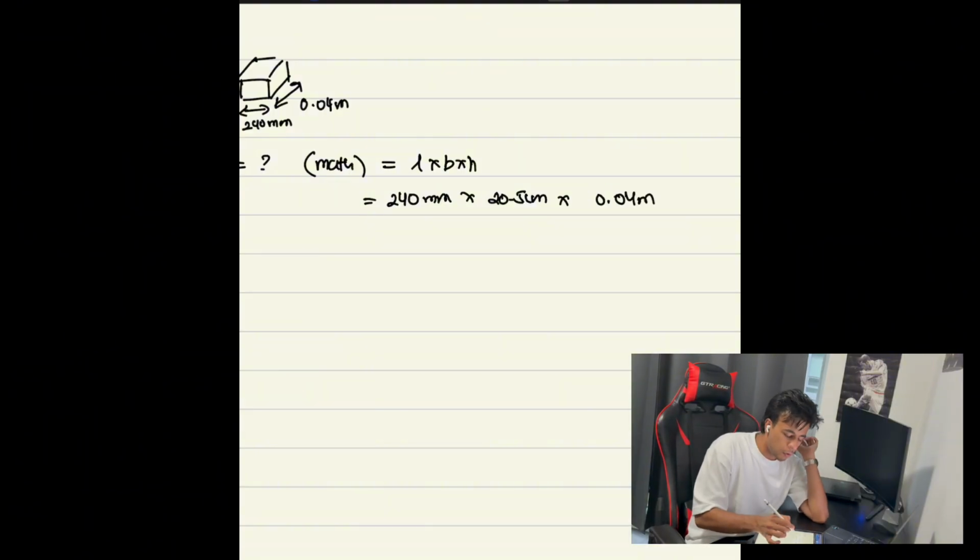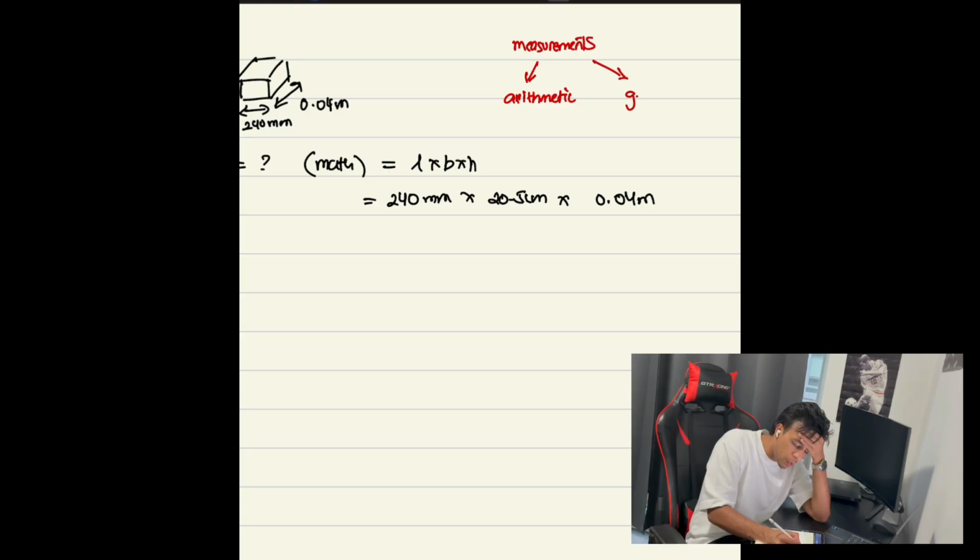But no, because when you talk about measurements, something that you need to understand is that whenever you're multiplying or dividing, and even adding or subtracting, so whenever you're doing an arithmetic or geometric calculation, and this is very, very important, the units must be the same. If they're not, well, you're getting it wrong. It's as simple as that.